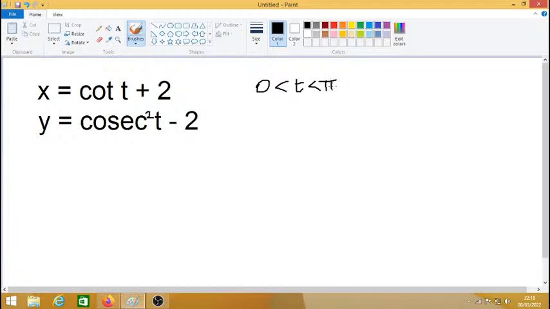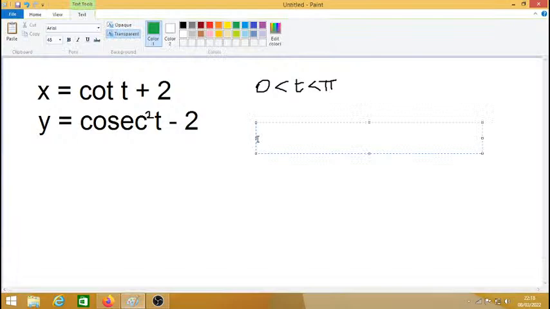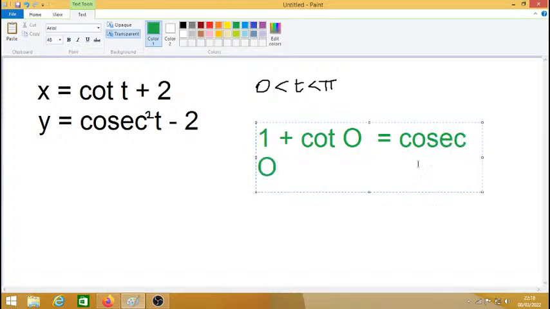So coming back to the main problem, we want to rearrange this so that we end up without the t and we just want y and x. So we think back to an earlier chapter, and can you remember the identity? It is 1 plus cot squared theta is identical to cosec squared theta.